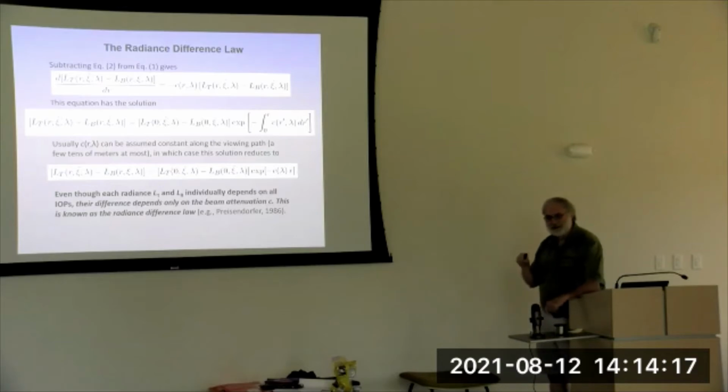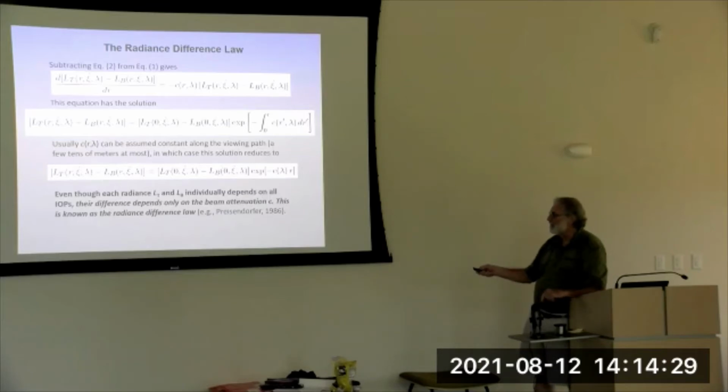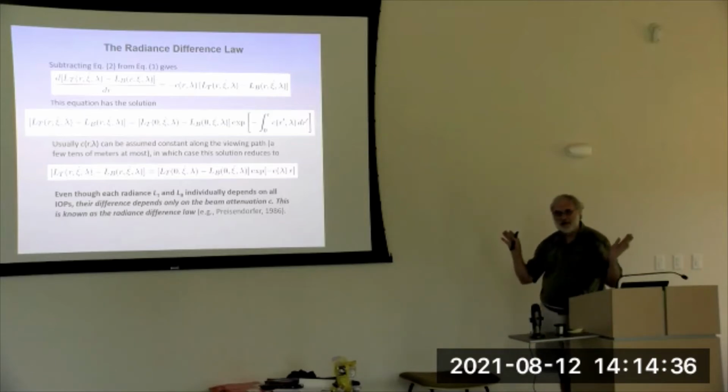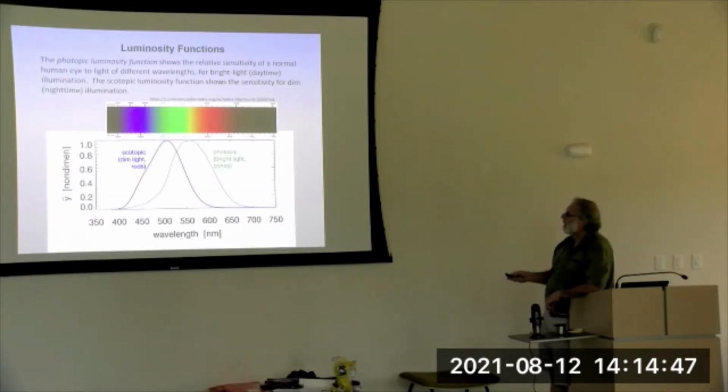So the big deal here is that even though each of these radiances, as it goes along, is being changed by the absorbing and scattering properties of the water, the difference in the two radiances is being changed only by the beam attenuation coefficient. And you don't have to mess at all with knowing what the volume scattering function was, just the beam attenuation coefficient. So this is called the Radiance Difference Law. Okay, we'll see that again in a minute.